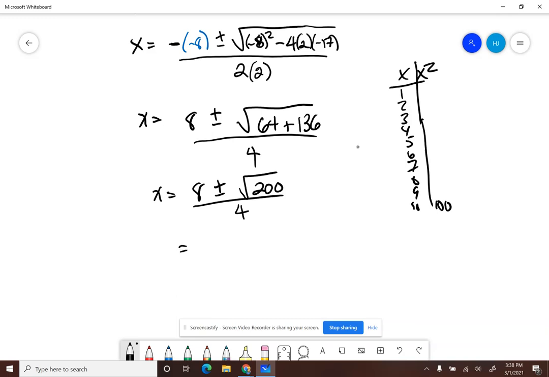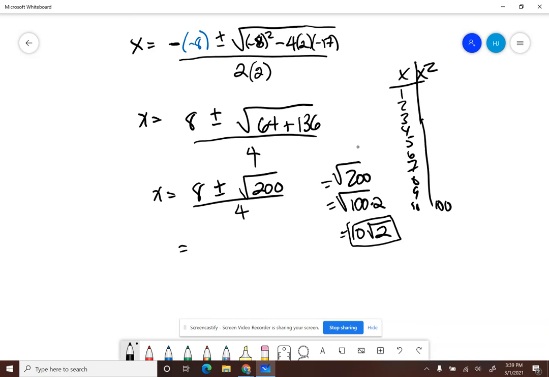So let's work out that piece over here on the side, and then we'll plug it back into our answer. The square root of 200, I can rewrite as 100 times 2. And the square root of 100 is 10. So this becomes 10 radical 2. So that square root of 200 in its simplest form is 10 radical 2.